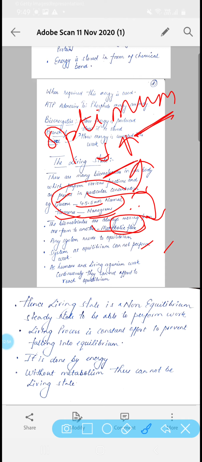So we can say that the living state is a non-equilibrium steady state to be able to perform the work. Clear? So it is very important.